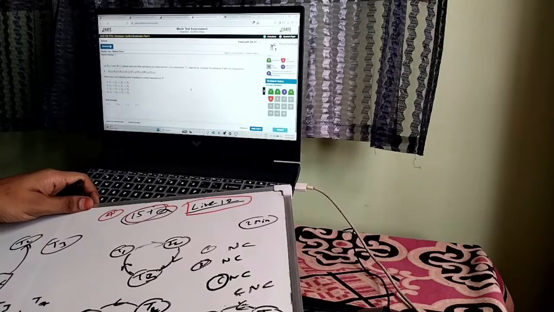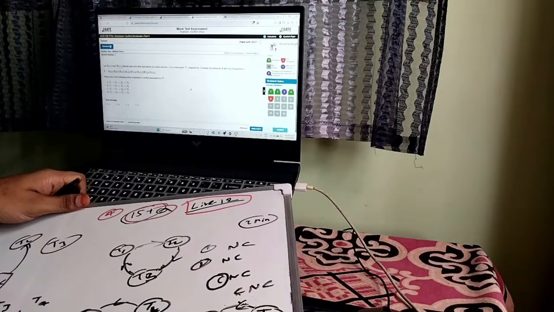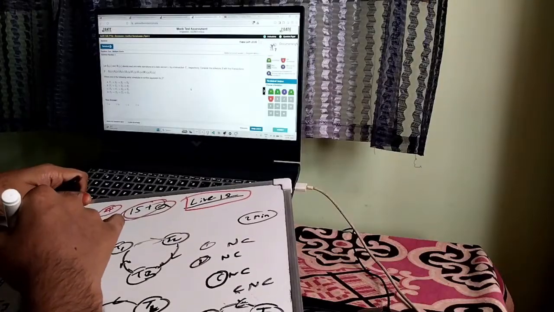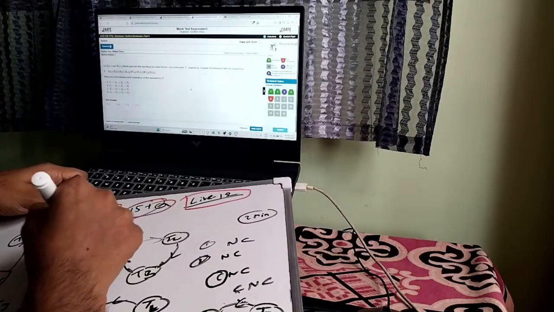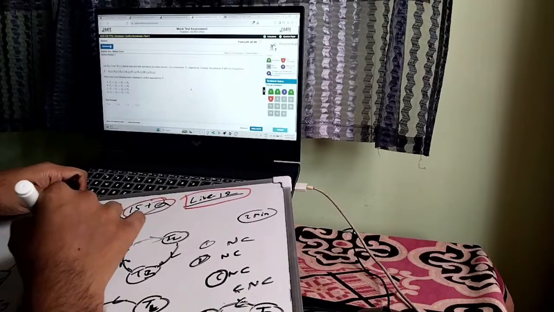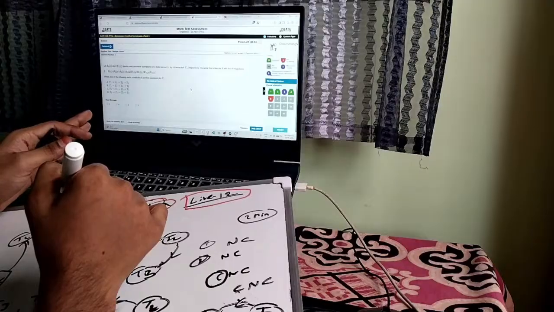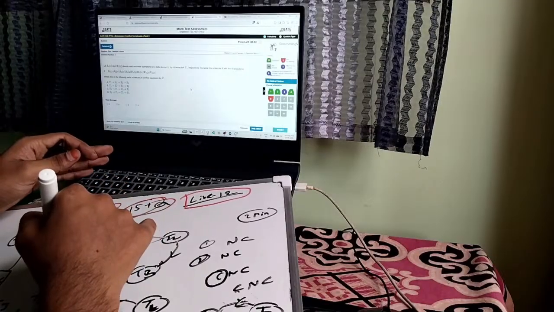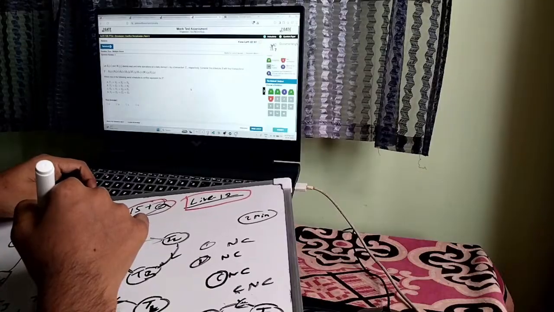So it becomes 3 to 2: first 3 and then 2. The 4 can be either here or here. 2 should be present last, after four or three.